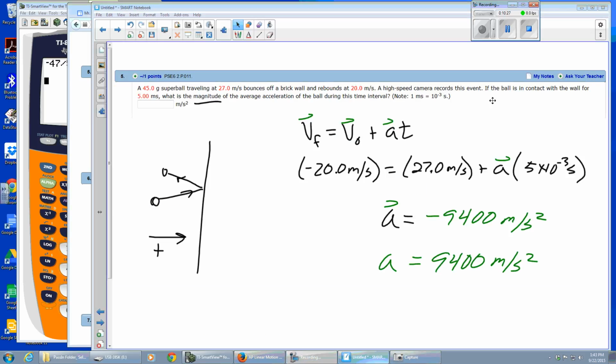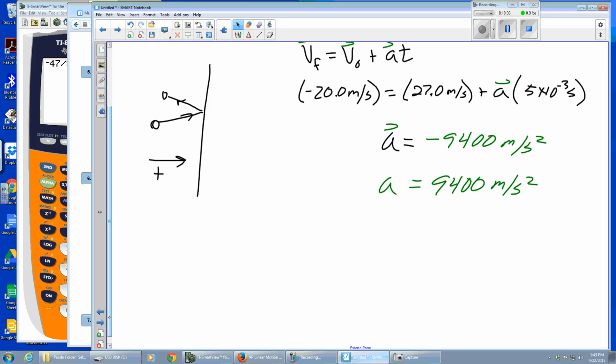Yeah, you were just asking which one goes where. Except for making sure we get the directionality correct, it really doesn't matter. Because think about if we looked at it this way. We looked at the definition of acceleration as the change in velocity over the change in time.